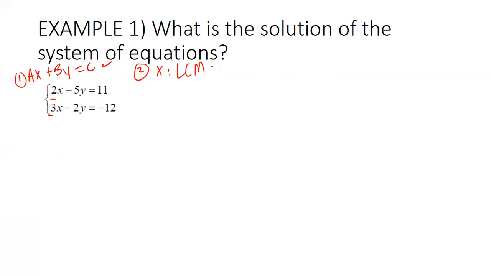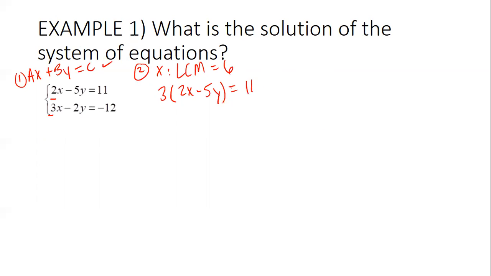The least common multiple equals 6, right? Okay. So I'm going to multiply. I need to transform these so that each one of these equals 6. So what would I have to multiply the first equation by in order for it to equal 6? 3. I would have to multiply the first equation by 3.